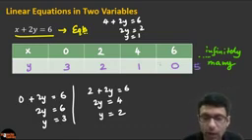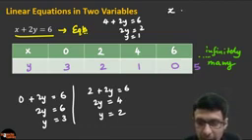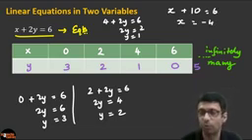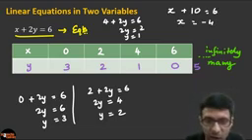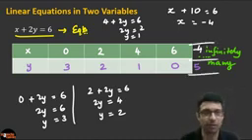So 2 times 5 is going to be 10. What is the value of x going to turn out to be? x plus 2 times 5, which is 10, is equal to 6. So x is basically going to be minus 4. So you can get negative values also. Here our x is going to be minus 4. This table will go on and on, okay?